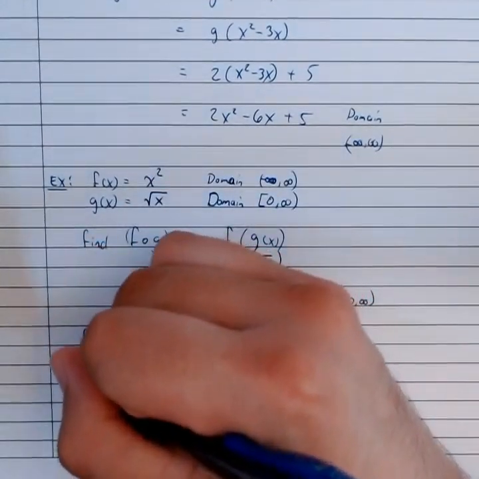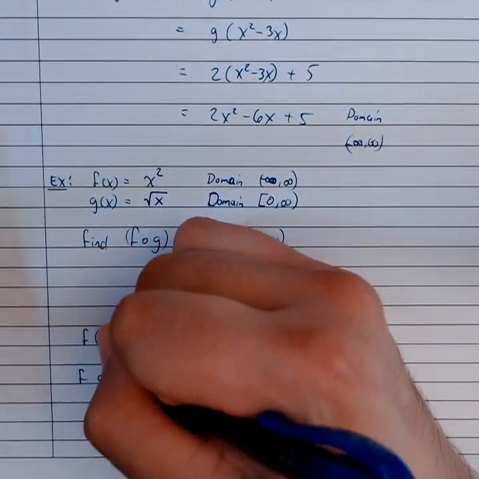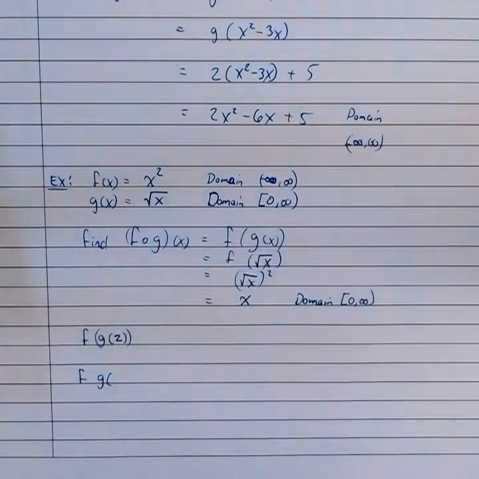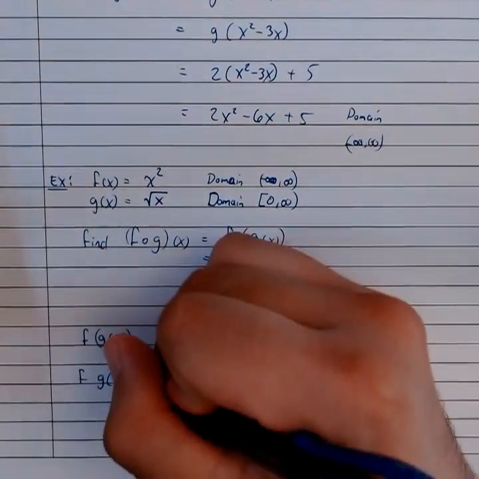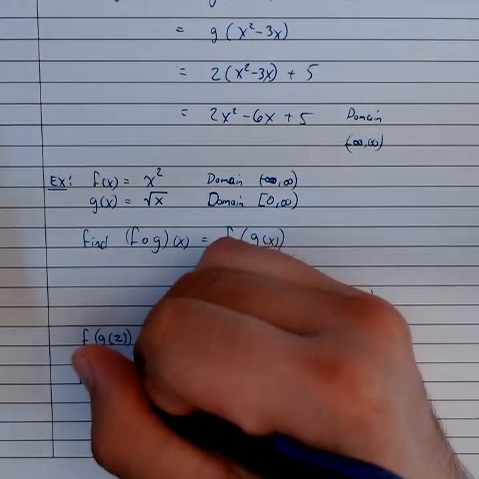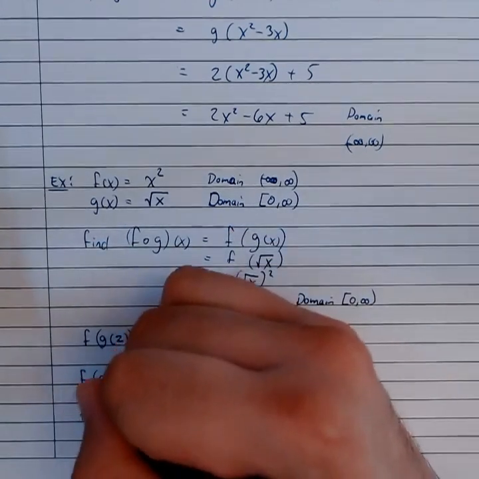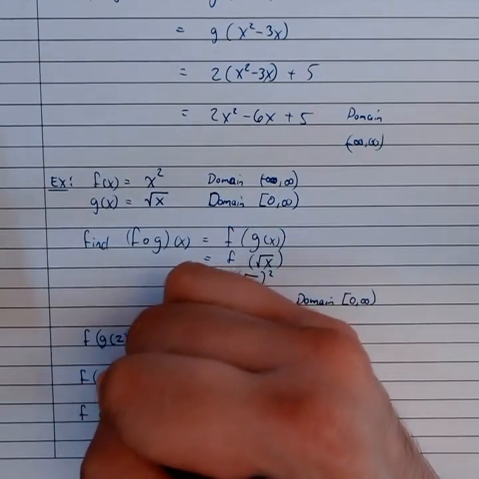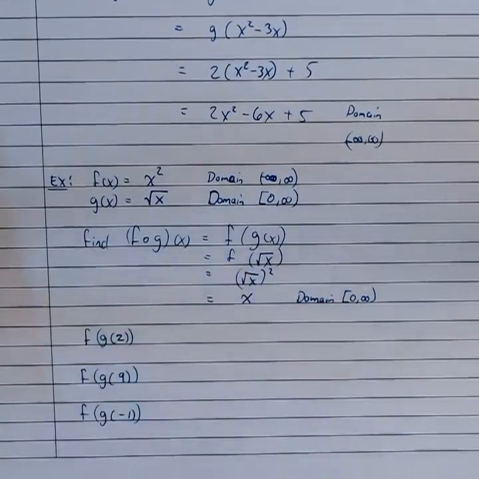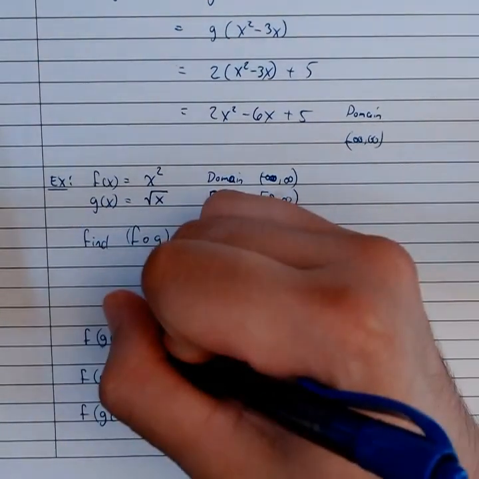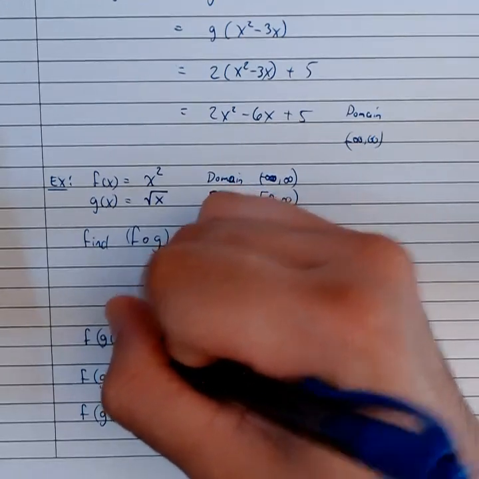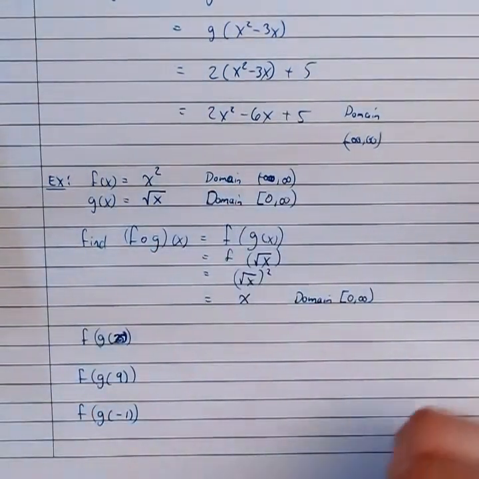Let's say I wanted to find f of g of, let's see here, let's say 9. And let's say I wanted to find f of g of minus 1. Here, let me make this a nicer number. Let me say 25, because otherwise I'm going to be dealing with less pleasant numbers.